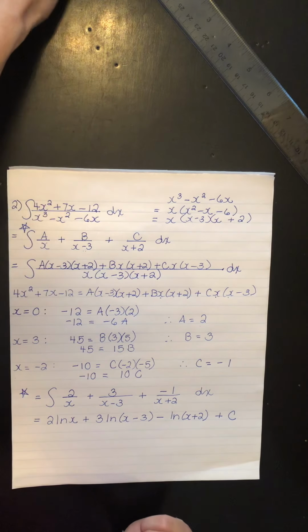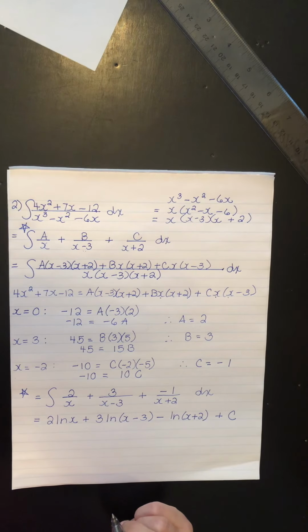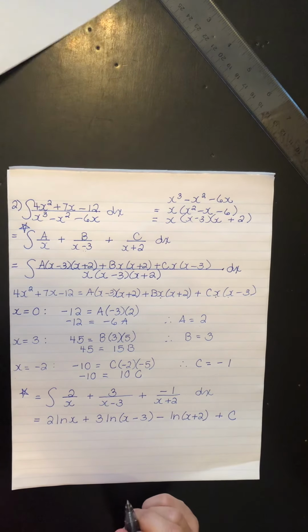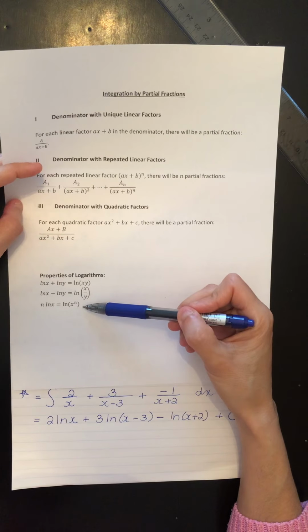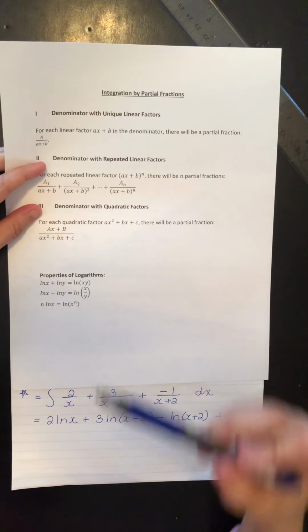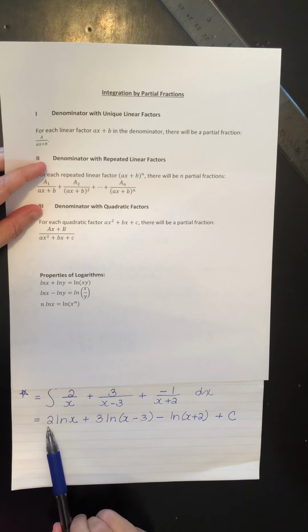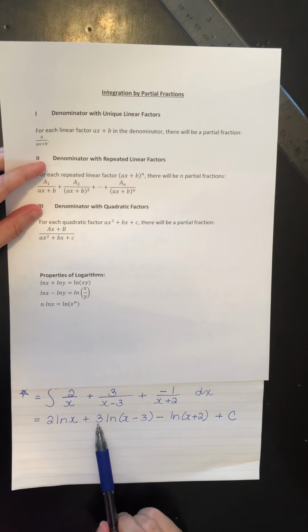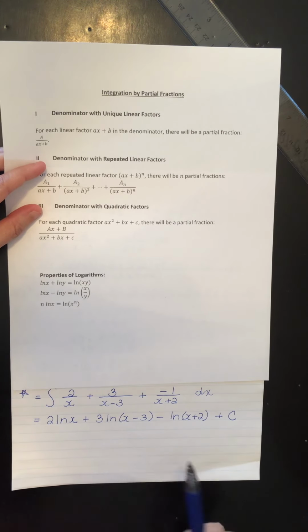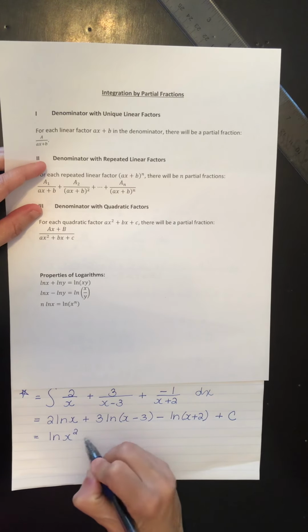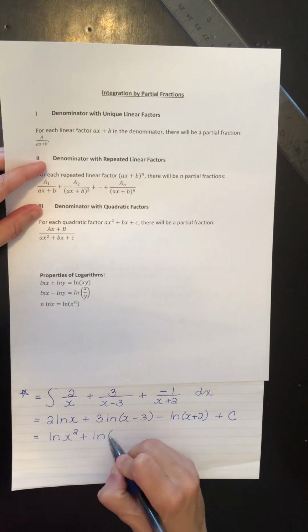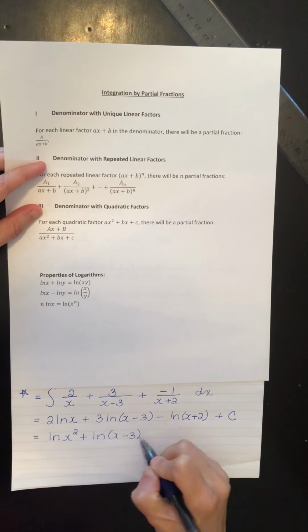Now, in order to combine these logarithms into a single logarithm, we will use first this property. So all of these coefficients, well, this one here, 2, and this one here, 3, will become the exponents like this. The ln of x squared plus the ln of x minus 3 all cubed.